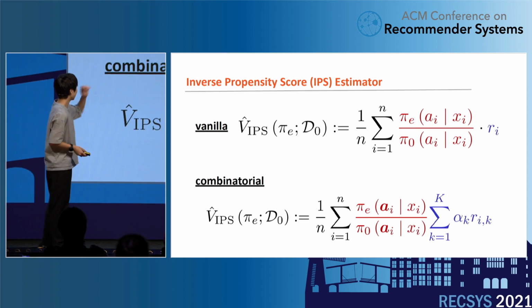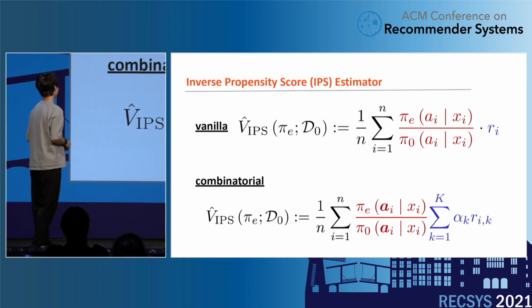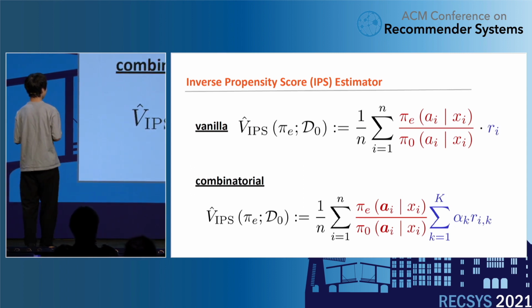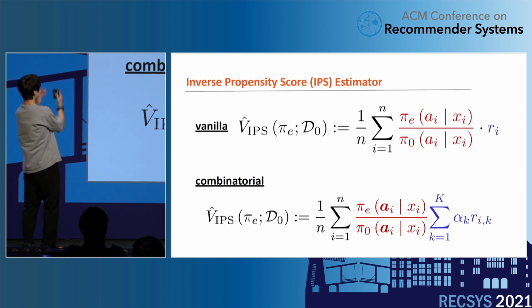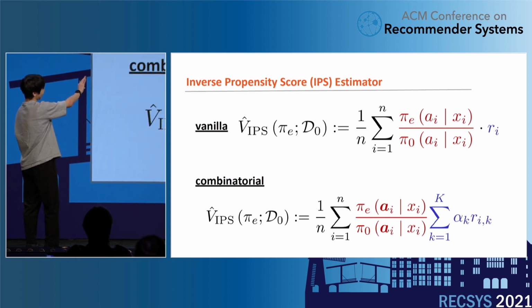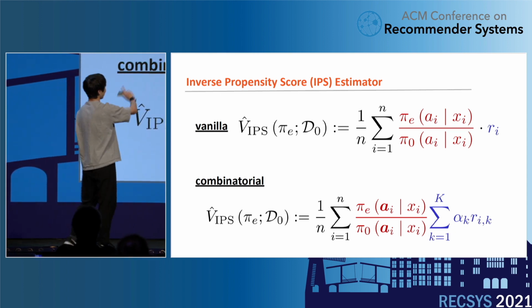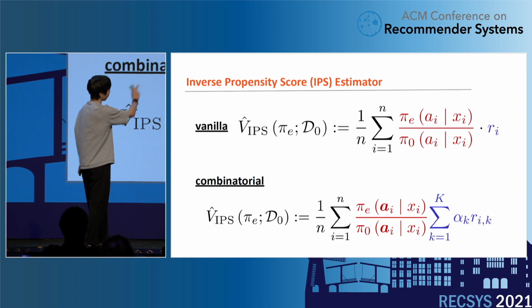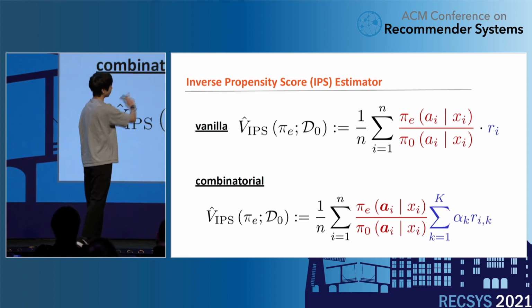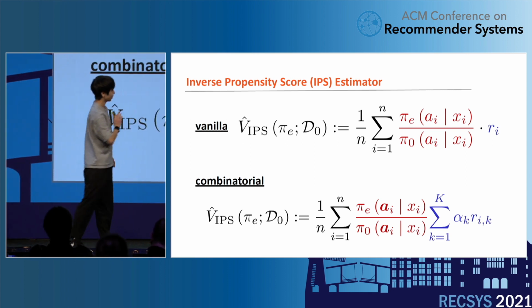So let's compare the standard IPS and the IPS for the combinatorial setting. This is, for me, exactly the same estimator, but we see some difference in notation, right? So the IPS is just the weighted average of the reward observation, and the weight is importance weight pi e over pi, but the action is not combinatorial.